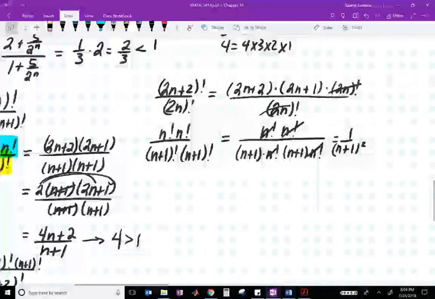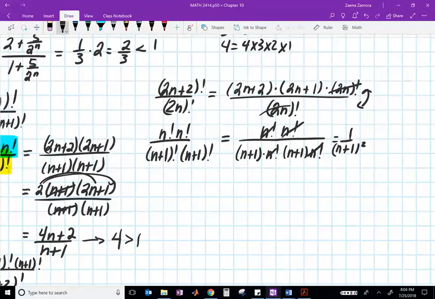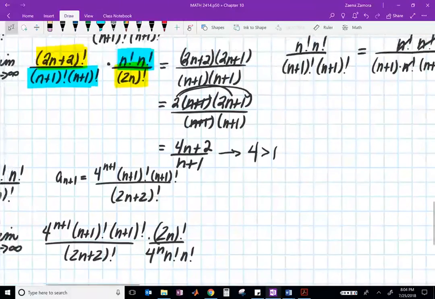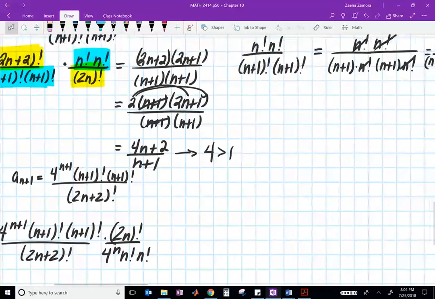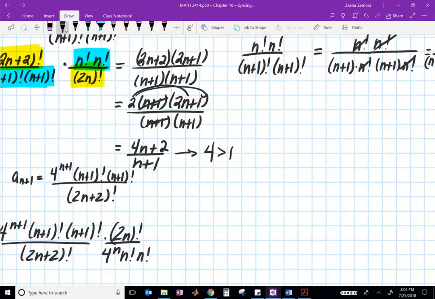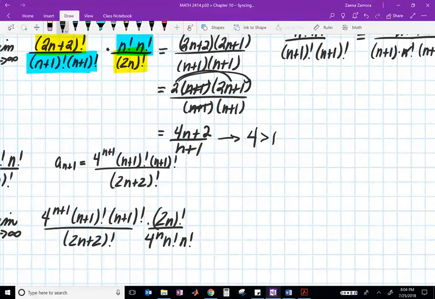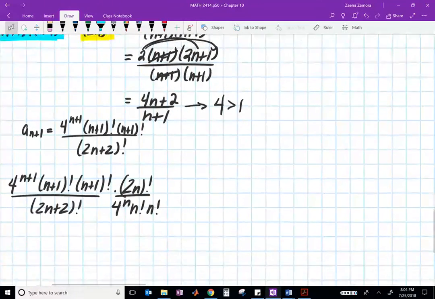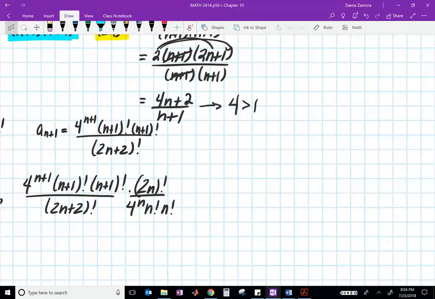Just flip this around, because that's how I'm working with it. So it's going to be 1 over 2n plus 2 and 2n plus 1. And then what's going to happen with the n plus 1 and the n plus 1s? It's the same thing as the previous one, but flipped.